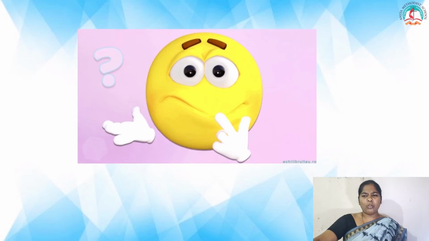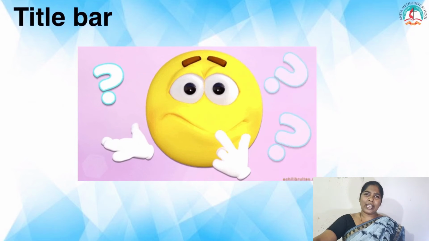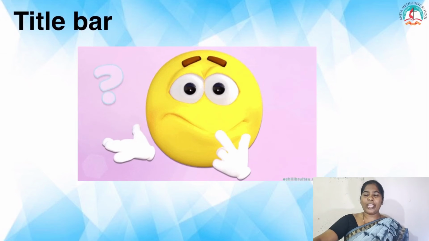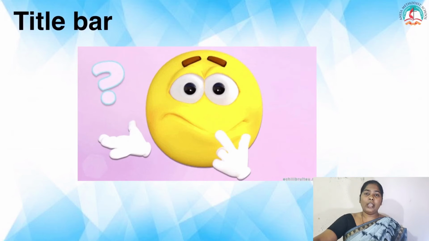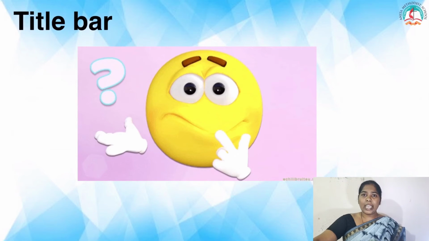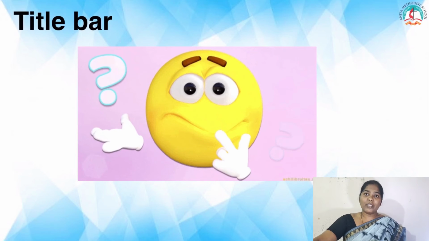Okay, now what is the title bar? From the name, can you guess what the title bar is? Why do we use a title? Yes, in an English story, after the story we will give one title. If you are creating your own story, after writing it, you will give a title. The same way, the document that we are going to work with, we will give a title.